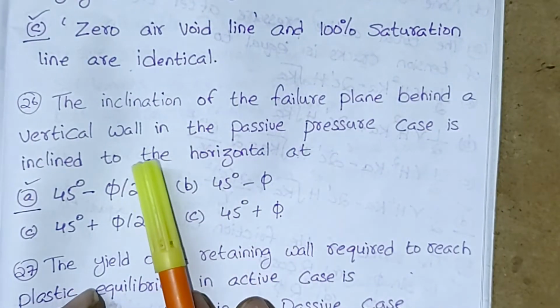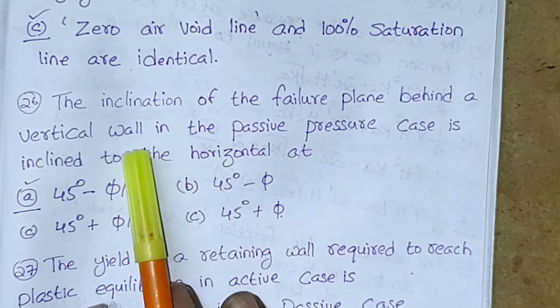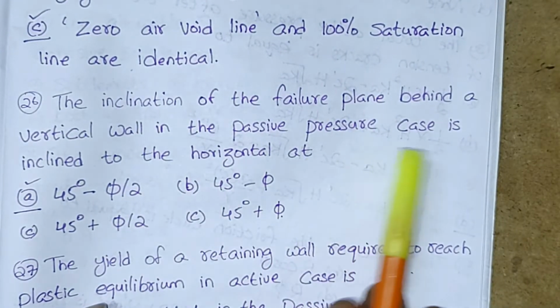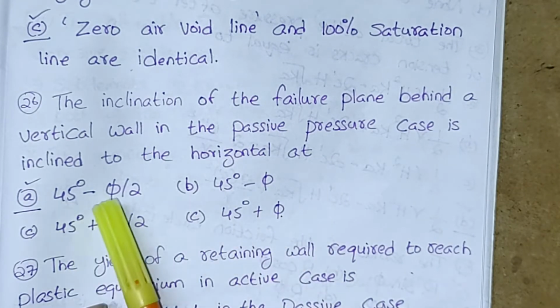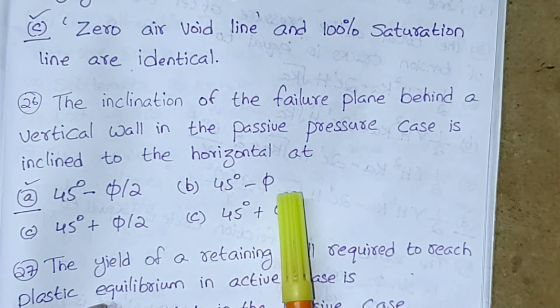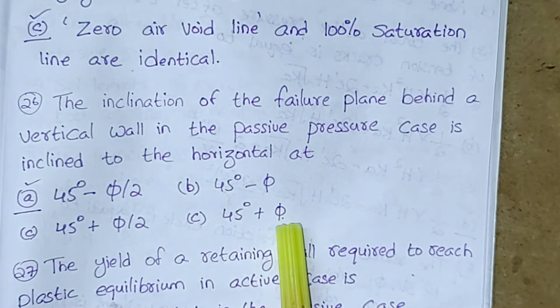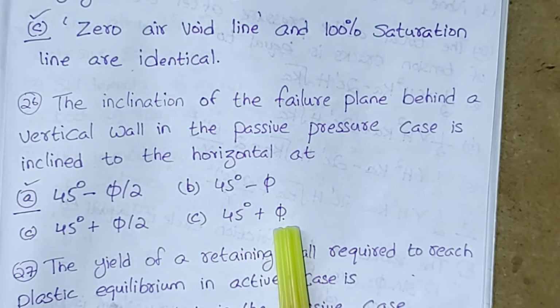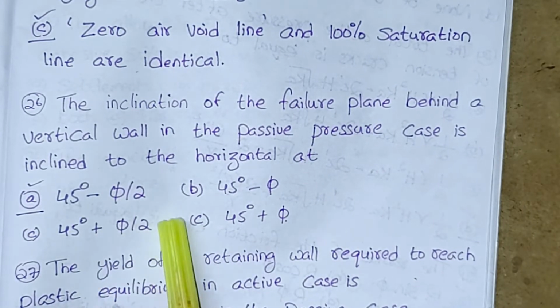Next, the inclination of the failure plane behind a vertical wall in the passive pressure case is inclined to the horizontal at 45 degrees minus phi by 2, 45 degrees minus phi, 45 degrees plus phi by 2, 45 degrees plus phi. So the correct answer is 45 degrees minus phi by 2.